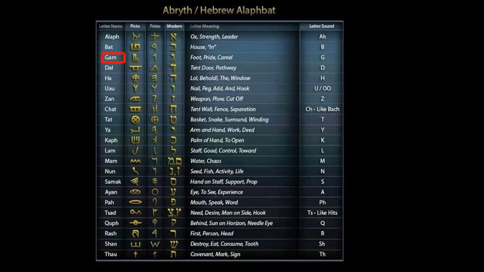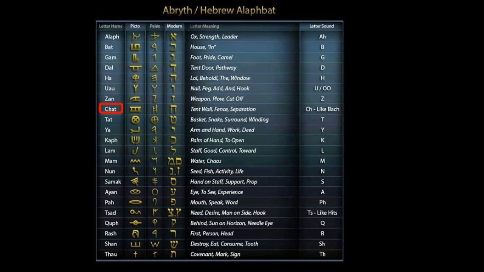So Gam is one. You may see Gamal, Gimel in other representations. Dal, in some instances, you'll see Dalet or Dalat. Ha, U, Zan, Khat. Khat is sometimes written as Khat.